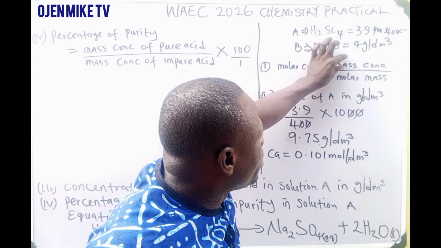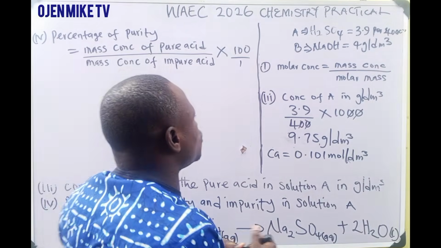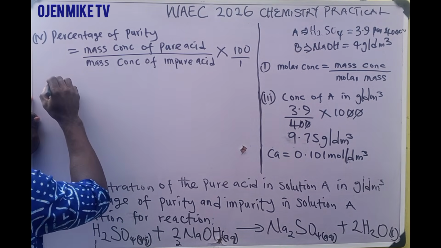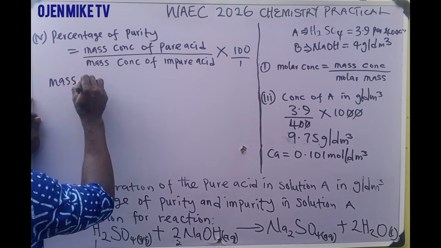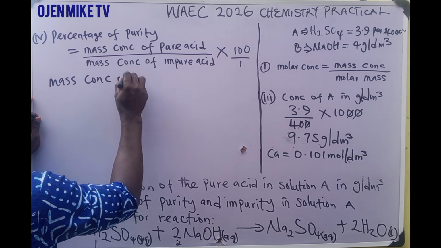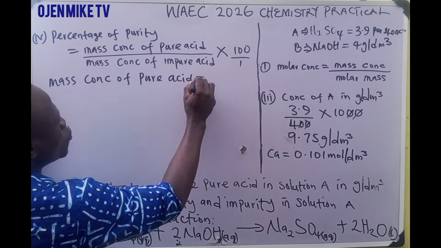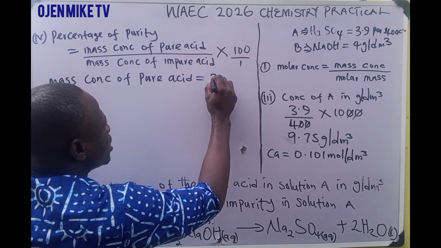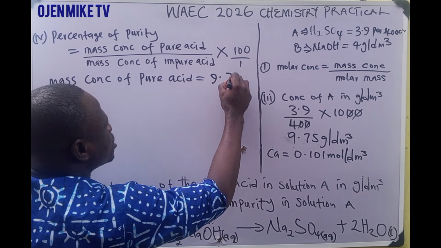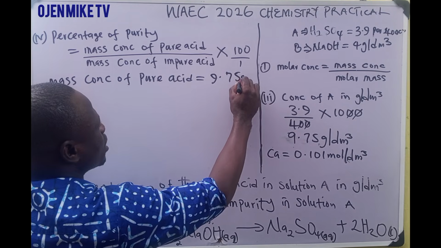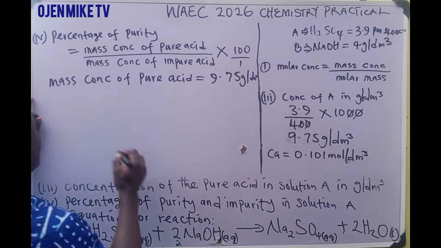You make mass concentration here the subject of formula. So you say mass concentration of pure acid is equals to, what is the value? 9.75 grams per dm3.